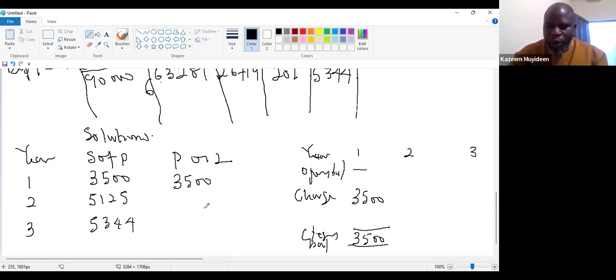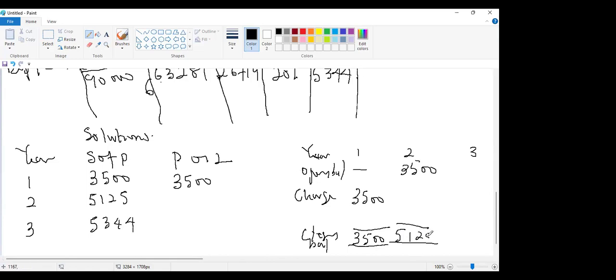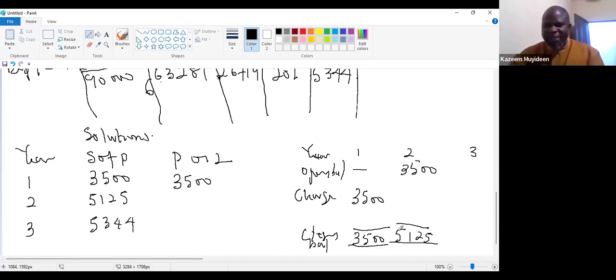In the second year, the closing balance of year one will now be the opening. I'll say 35. What do we close with in year two? We close with 5,125. What is the difference now? Is it charge or credit? Charge, because it's increasing.